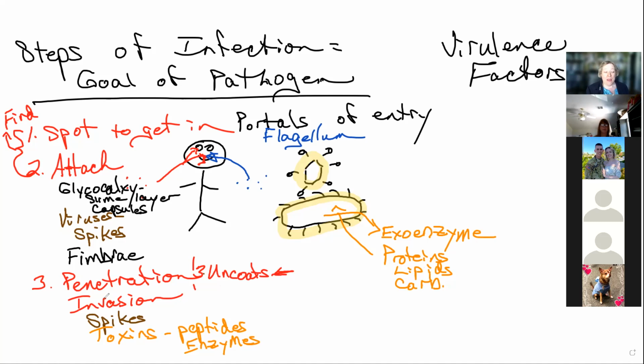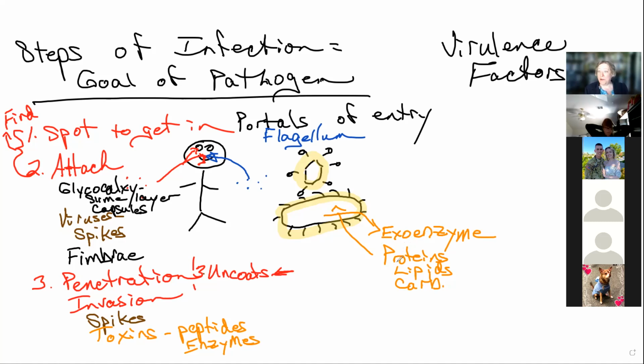Okay, so the more virulence factors a pathogen has to get deeper into your tissues, the more severe disease it causes, okay? So, you know, the E. coli that's very happily living in my colon and not giving me bloody diarrhea does not have the toxins or the exoenzymes to pop my cells, or to eat their way past the lining of my intestines, okay.